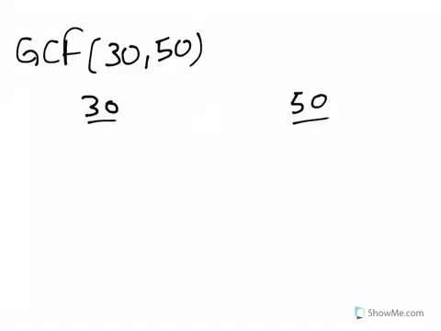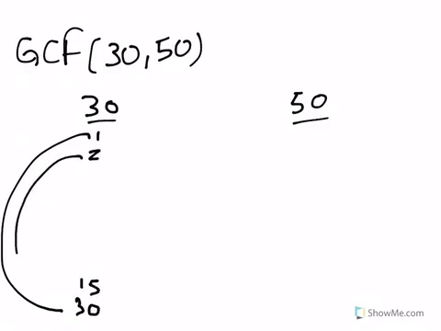And I always just start with the lowest number. I always start with 1. So I know 1 times 30 gives me 30, right? And so those connect. 2 goes into 30 15 times, so 2 times 15. 3 goes into 30 10 times, so we have 3 times 10.